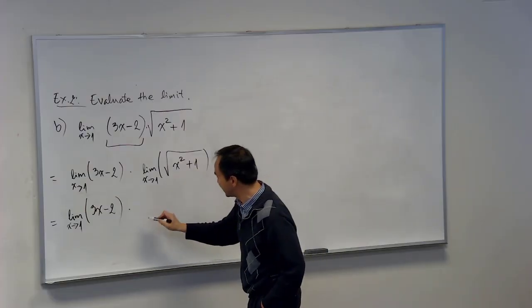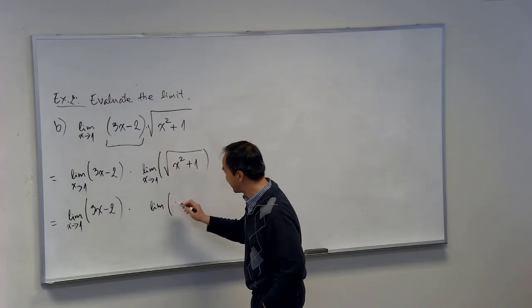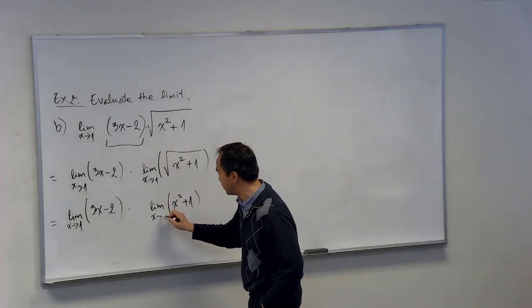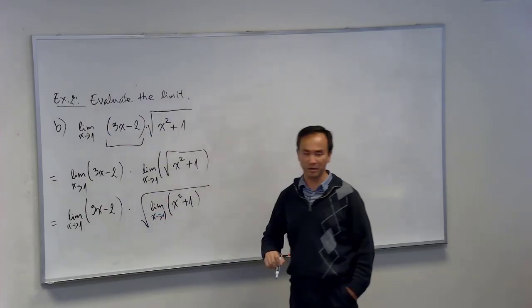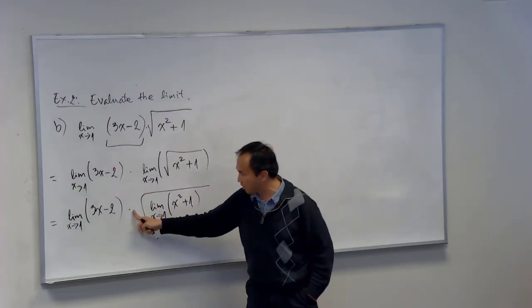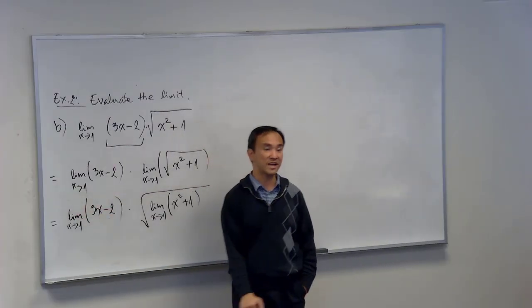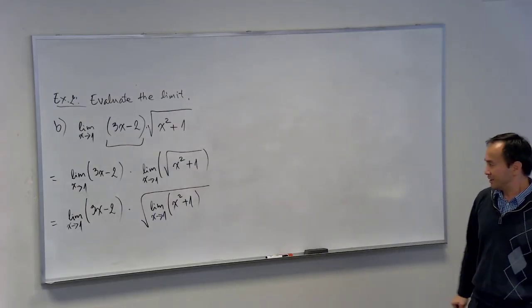So now I can simply use the square root limit law I just introduced. I can take the limit of x squared plus 1 by letting x get close to 1, and whatever that limit comes out to, I'm going to take the square root. So the square root of that limit will multiply with the limit result from the 3x minus 2. Okay, so that's how I'm breaking it down into little steps like that.